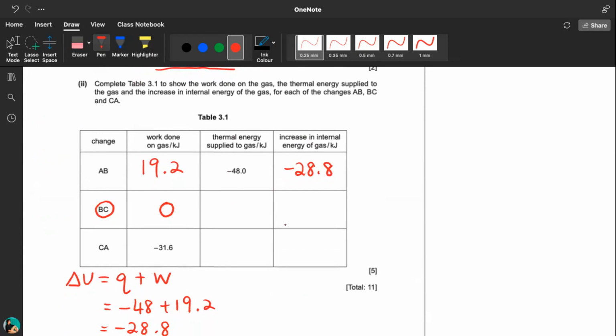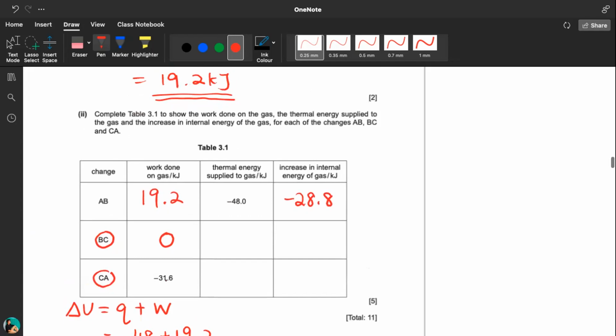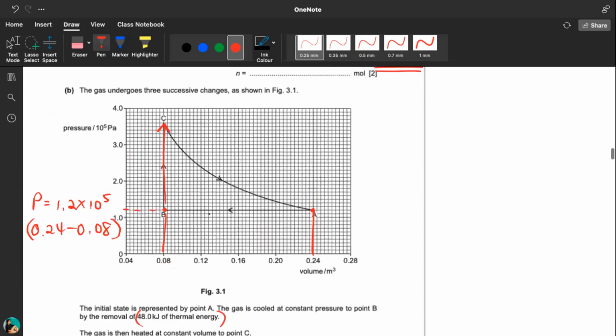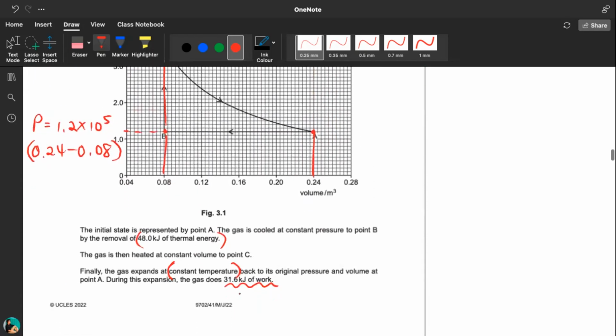Let's look at CA first. Maybe we work out the value here, and then we go back to BC to find these two values. If you see CA, work done on gas is minus 31.6. What is CA? CA is from here to here. The reason we look at CA first is because it's given here.